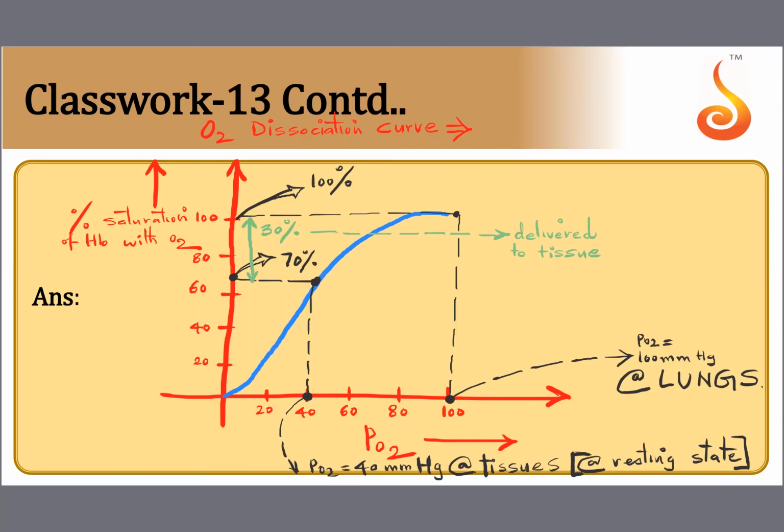Why is hemoglobin and oxygen dissociating from each other at the tissue? Because of a low partial pressure of oxygen, which is PO2 equal to 40 millimeter mercury. At low partial pressure of oxygen, about 30% of the hemoglobin-oxygen couple break up and oxygen goes to the tissues.